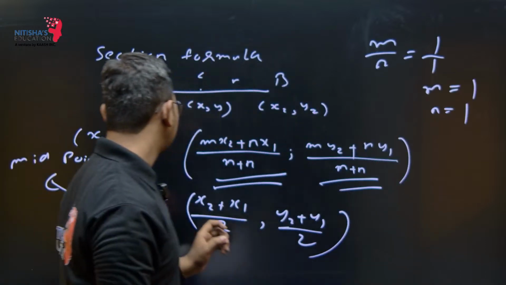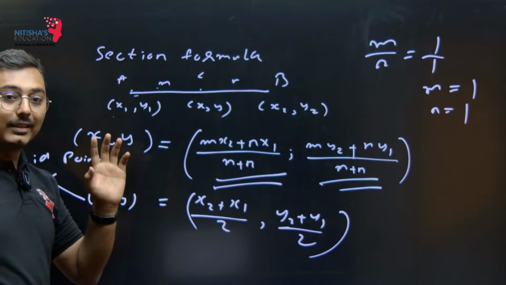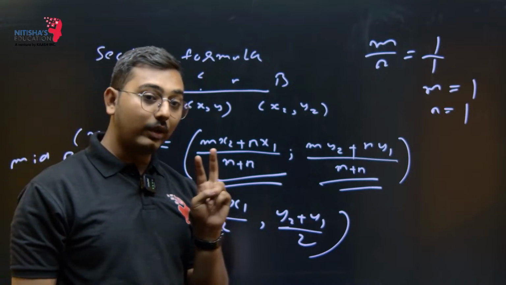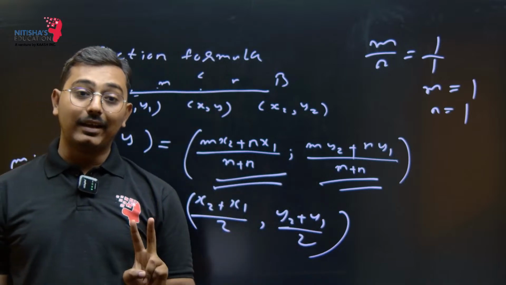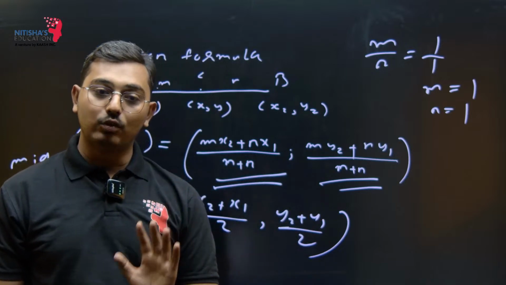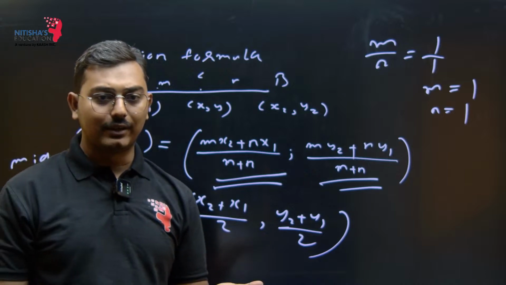Another thing is the section formula. In section formula, we have two cases: where the ratio is in random form, and second where the ratio is fixed, 1:1. This is the special case of section formula.